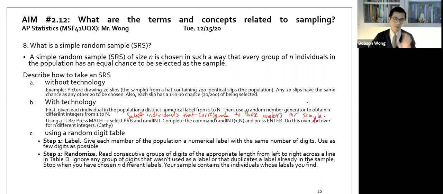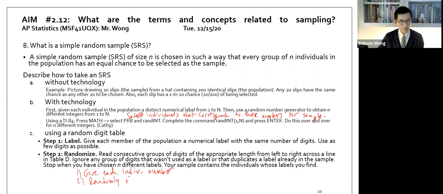So any kind of sampling technique has those 3 basic parts. You give each individual a number. Then you randomly select unique numbers.